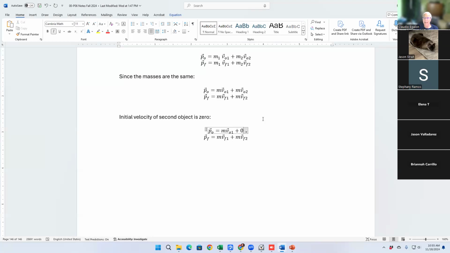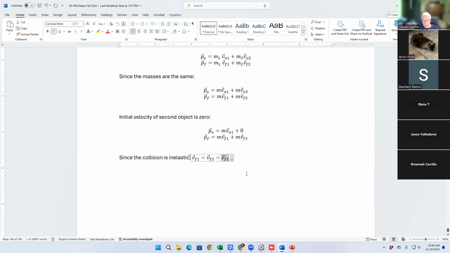And then there is one more important piece of information. Since the collision is inelastic, it means that the final velocity of 1 must be equal to the final velocity of 2, which I'm going to simplify with just a V vector.